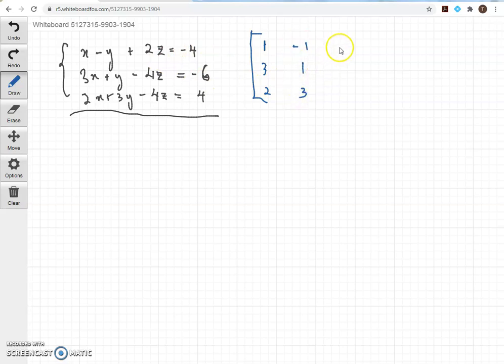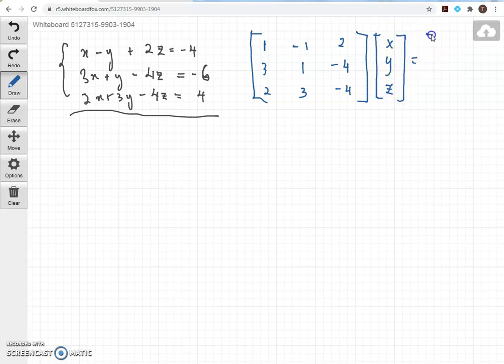Here you get 2, -4, and -4, and we have x, y, and z equals to the 3 answers, which are -4, -6, and +4.